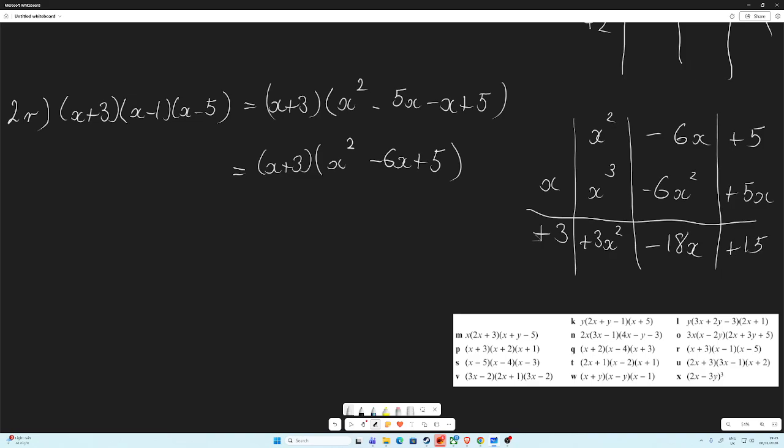So that is x cubed, plus 3 minus 6, minus 3x squared, minus 18 plus 5, that's minus 13x. And of course, plus 15.